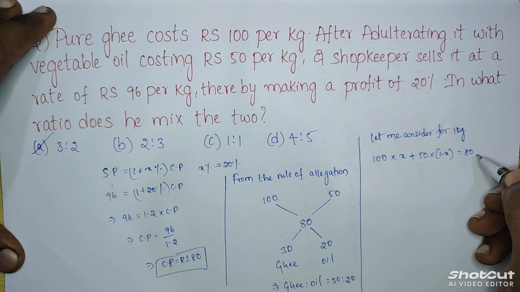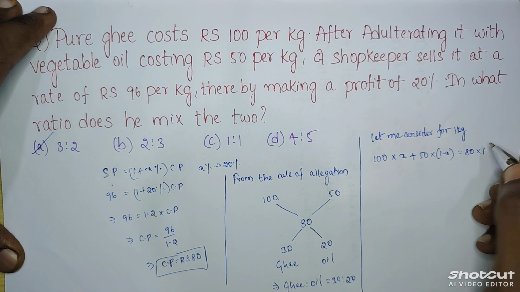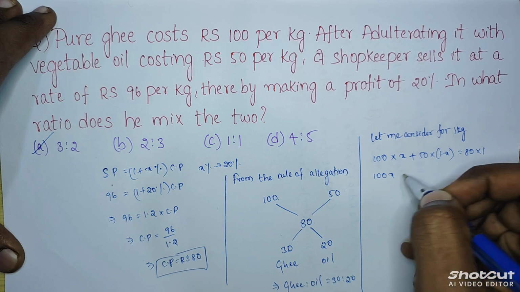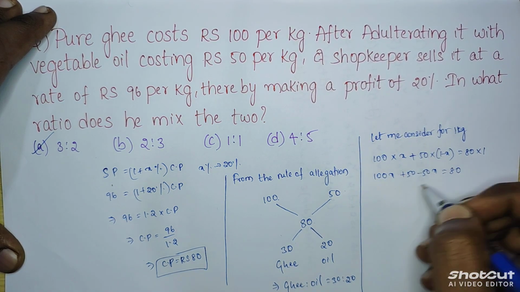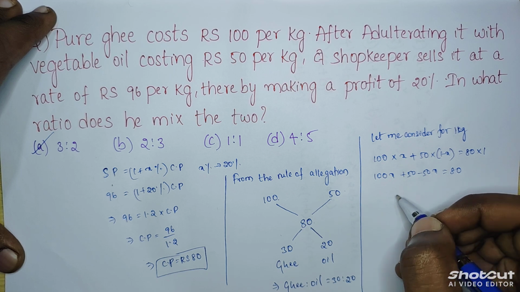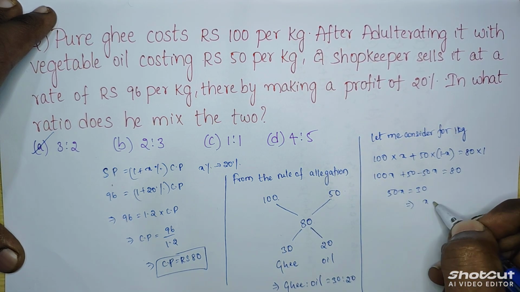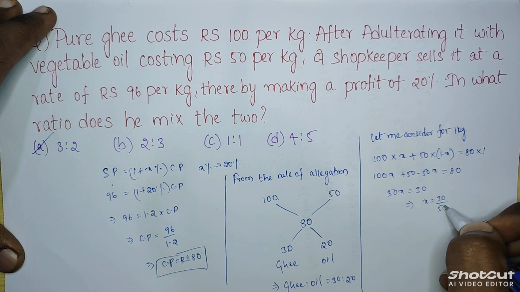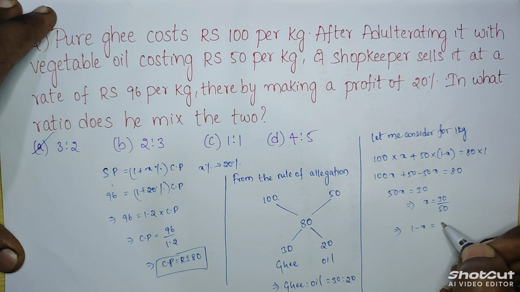And the final mixture costs 80 rupees and is 1 kg, right? So 100x plus 50 minus 50x is equal to 80, and further solving this we get 50x is equal to 30. From this we get x is equal to 30 by 50. Similarly we get 1 minus x is equal to 20 by 50.